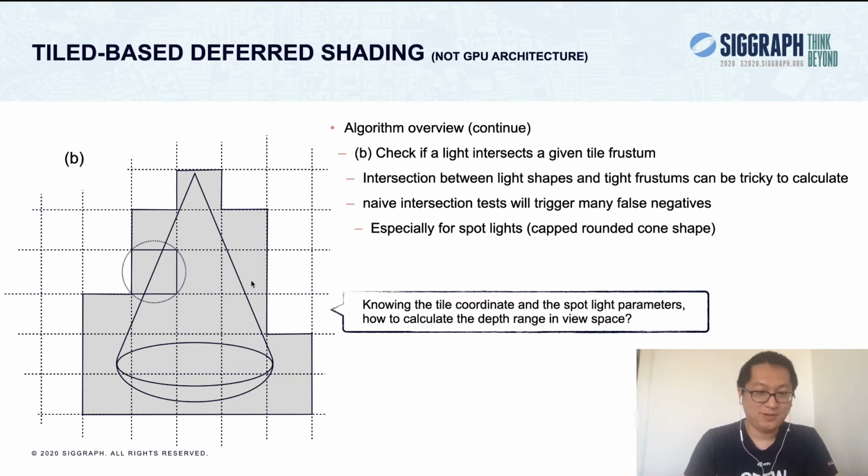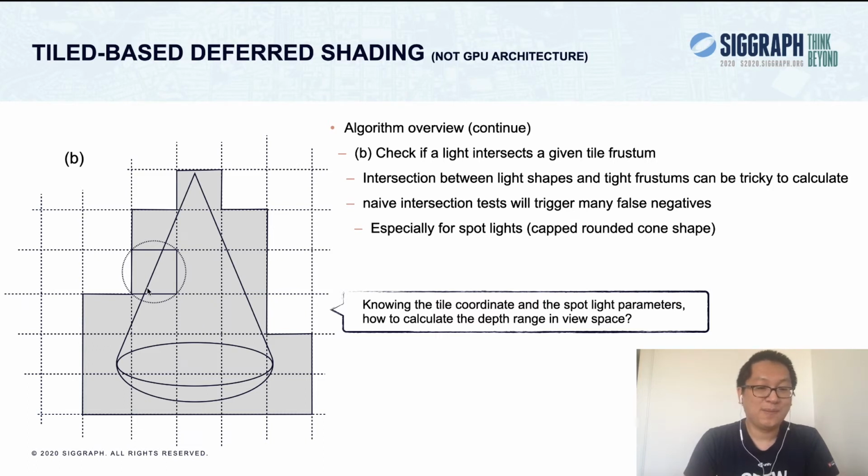So for instance, here in screen space view, we have a number of tiles. We have a spotlight, for instance. And so for a given tile, how would you calculate that the spotlight is intersecting that tile?